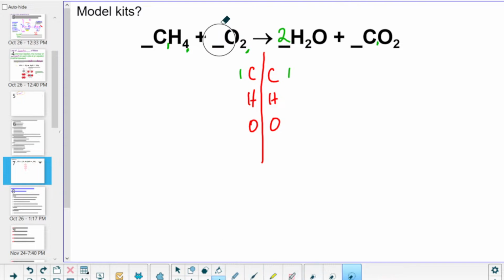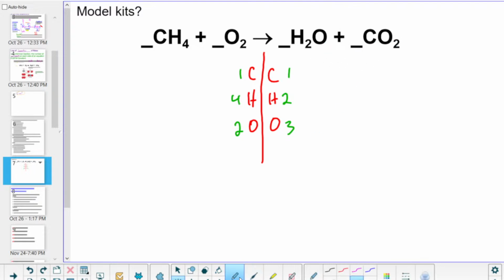I start from the beginning again, so get rid of all my marks. Then I've got 4 and 2. And I've got 2 and 3. Then I go, okay, carbon's fine. And watch out for oxygen being in more than one place, so that's going to change differently.